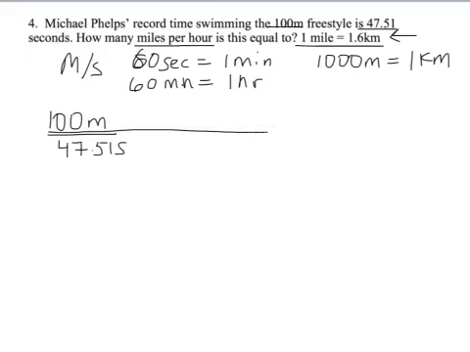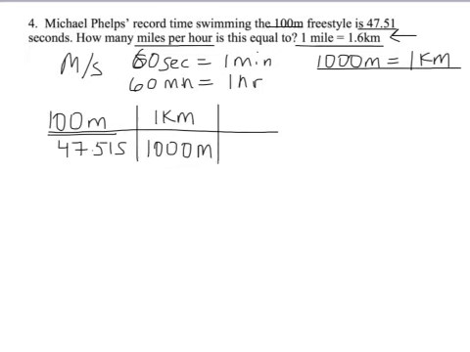So now, setting up our table, we're going to start out with meters on top, and we want to get to miles somehow. So I think that the first step would be to use this meters to kilometers. So in order to get rid of meters, we want to put that on the bottom. So we'll multiply that by 1,000 meters over 1 kilometer.